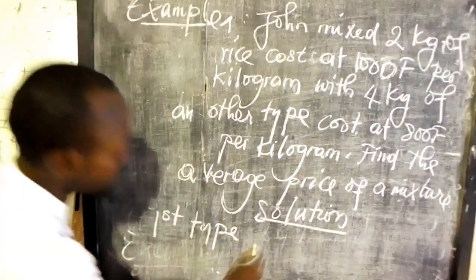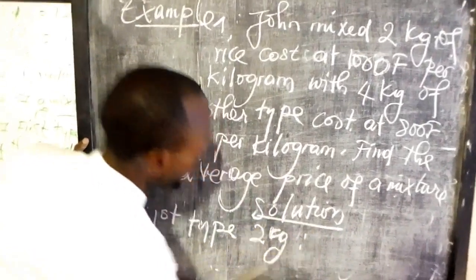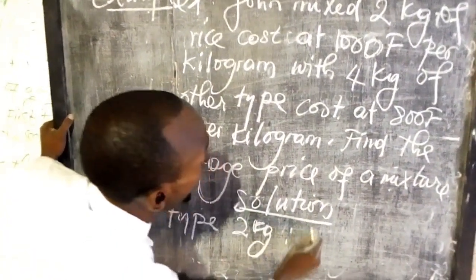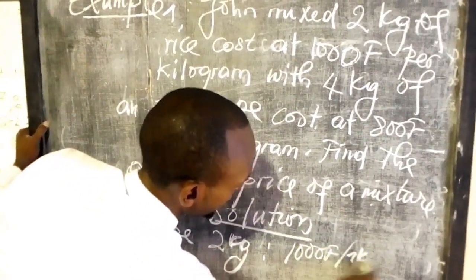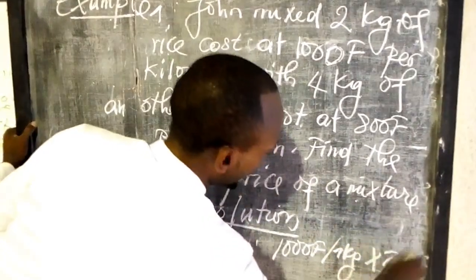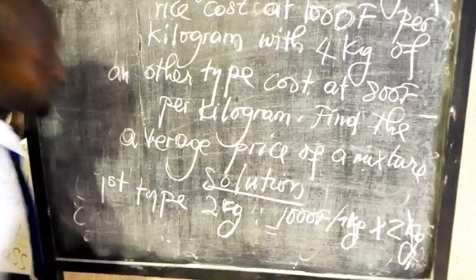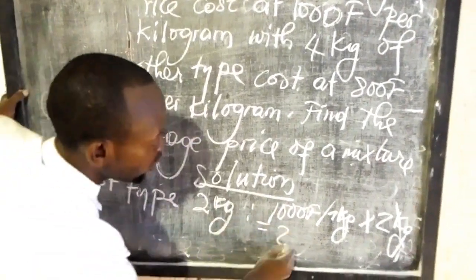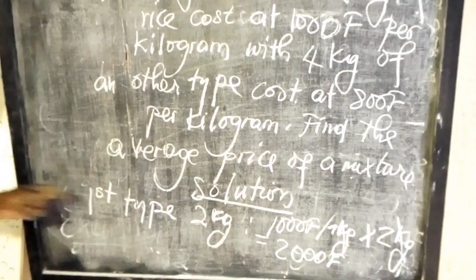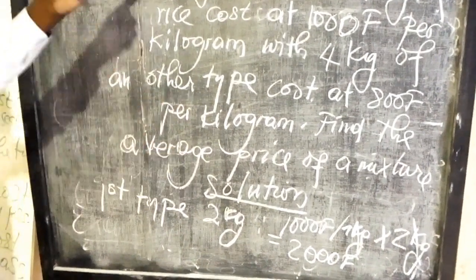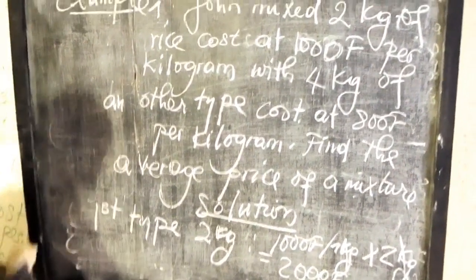It was 2 kilograms, sold at 1,000 per 1 kilogram, times 2 kilograms. Then we simplify, and the answer we get is 2,000 francs. It means that for the first type, the 2 kilograms cost 2,000 francs.